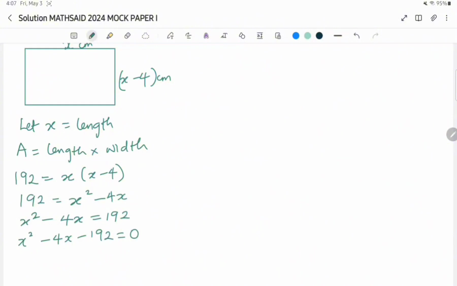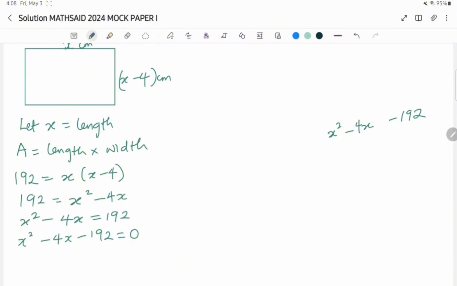So let's factorize. When we have expressions like this, you look at the coefficient of x squared. Since the coefficient of x squared is 1, what you need to find is the factors of your constant term. In our case, it is minus 192. So what two numbers will multiply to give us minus 192, but when we add them, give us minus 4, which is the coefficient of x. So this is the expression x squared minus 4x minus 192.